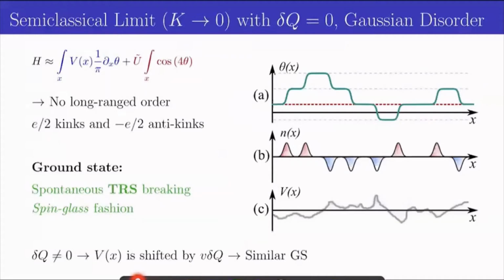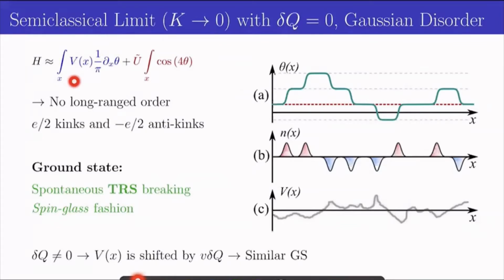First, we look at the semi-classical limit, where the Hamiltonian can be approximated by these two terms. And with a given fixed realization of the disorder potential, we can perform a domain wall analysis.